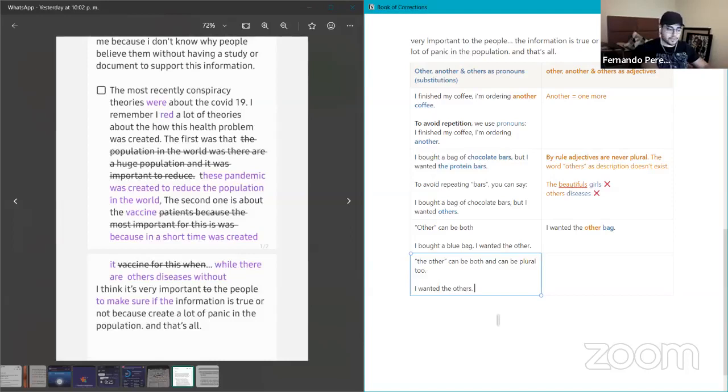I wanted the others. Let's say, for example, you wanted to say, I wanted the other shoes, the shoes I remember from previous situations.